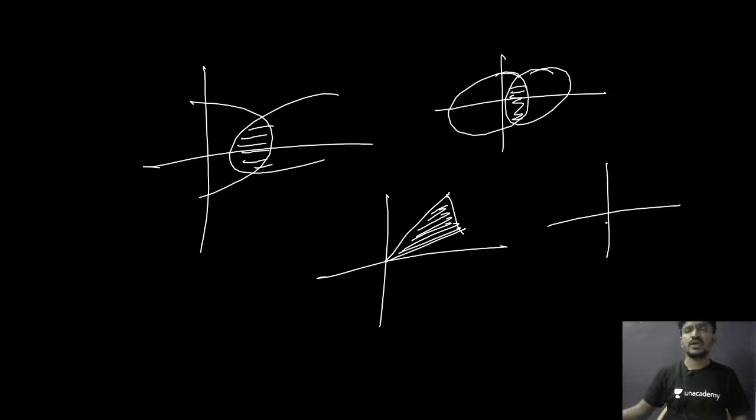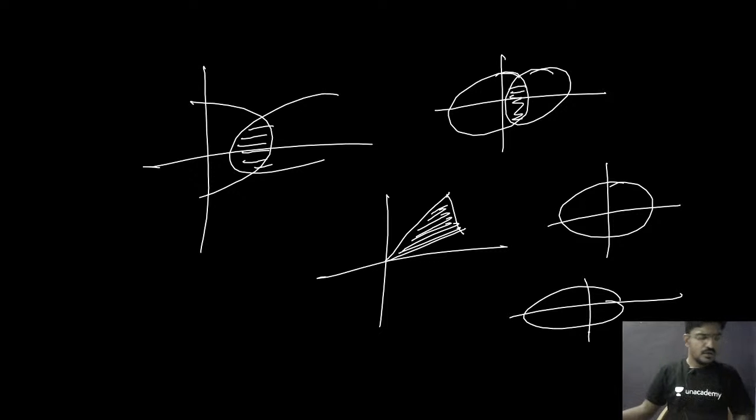These all are very important problems. So this circle and ellipse is already over. In the next session we shall go for triangle, curves, and area bounded by circles. Okay, so we shall meet in the next session.